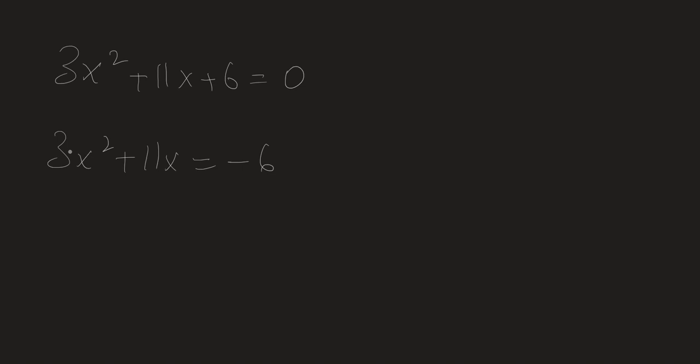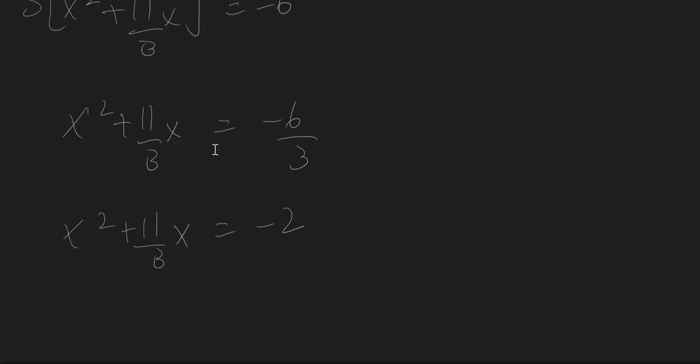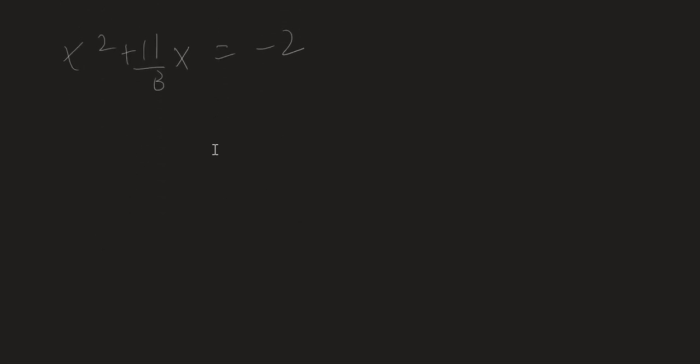As the coefficient is 3, we're going to take 3 common. We're going to take 3 to the other side. Minus 6 divided by 3 would give us minus 2. So now the coefficient of x squared is 1.